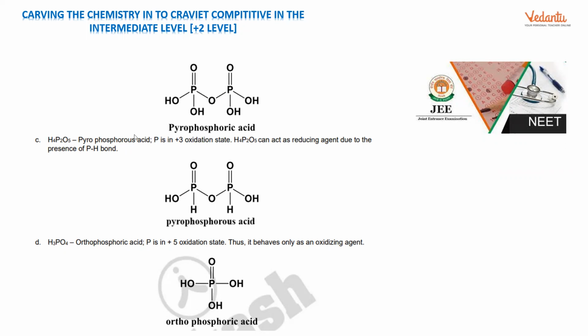Let's go with another compound called H4P2O5. If you see this compound, compared to pyrophosphoric acid, pyrophosphorus acid has two hydrogens fewer. That's why the oxidation state around the central phosphorus will be reduced, and being symmetrical, the two phosphorus atoms are equally accorded the oxidation states.